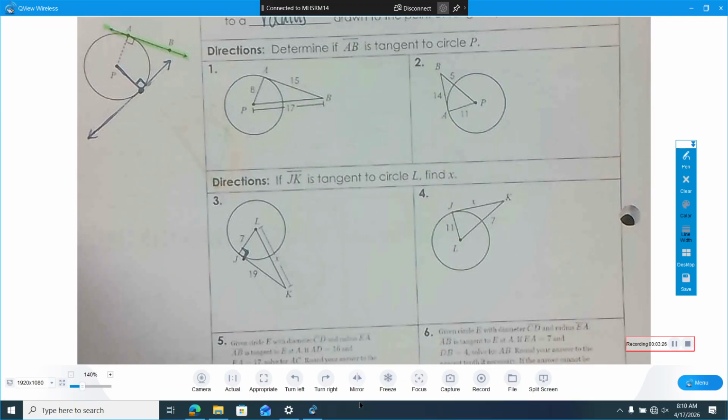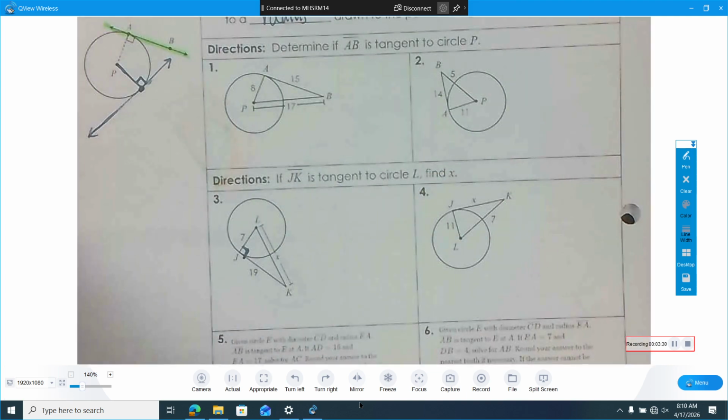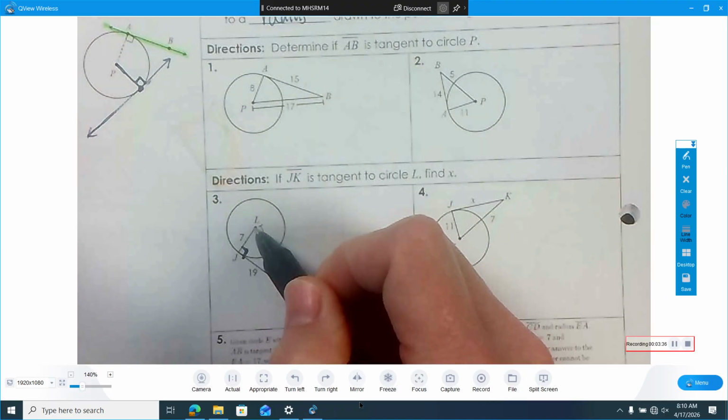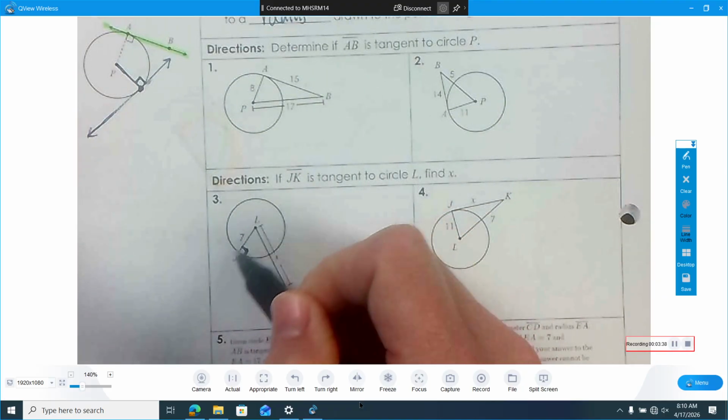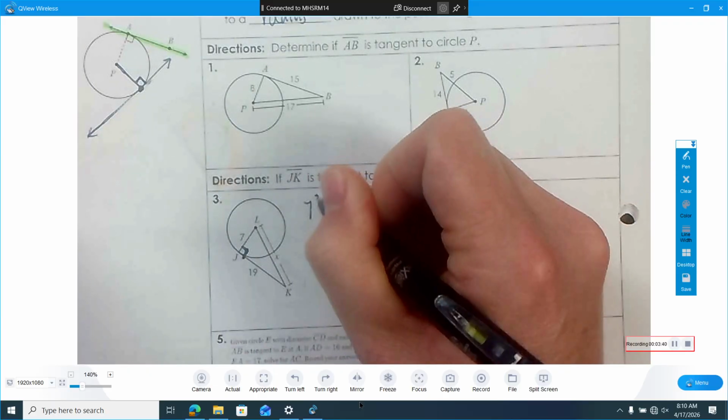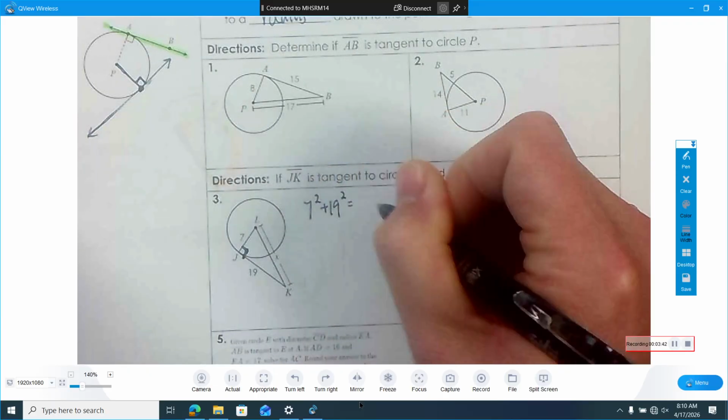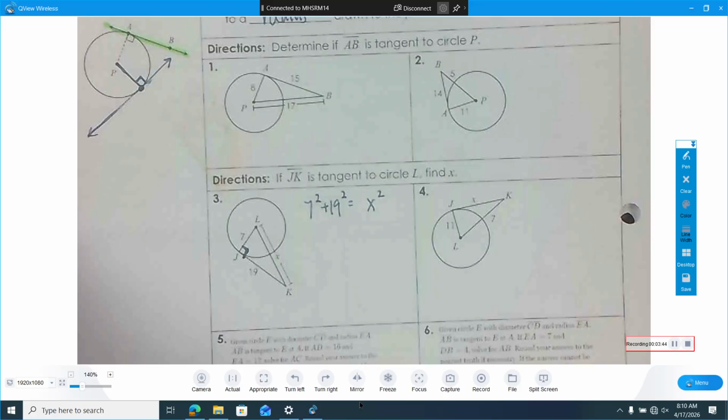So I have a right triangle, and I want to find this length X. What can I do? Pythagorean theorem. We have a right triangle, so leg squared plus leg squared equals the hypotenuse squared. So 7 squared plus 19 squared equals X squared.